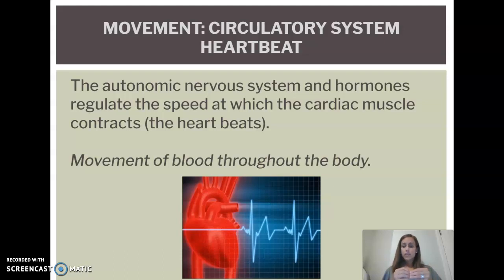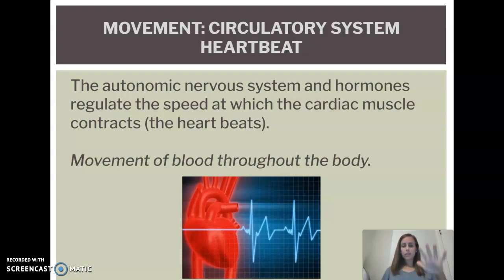The nervous system sends a signal to our cardiac muscle, or hormones released by our endocrine system can send a signal that helps to regulate the speed at which that cardiac muscle contracts. So it helps to regulate the speed at which our heart beats. And this control helps to move blood throughout our body.